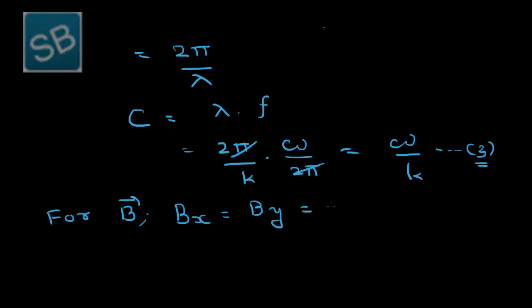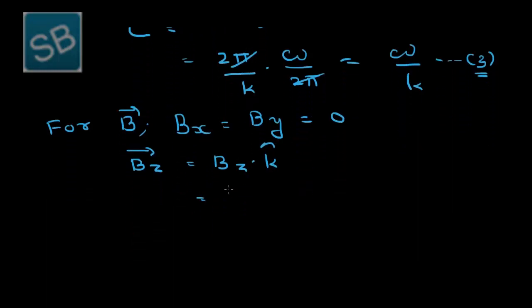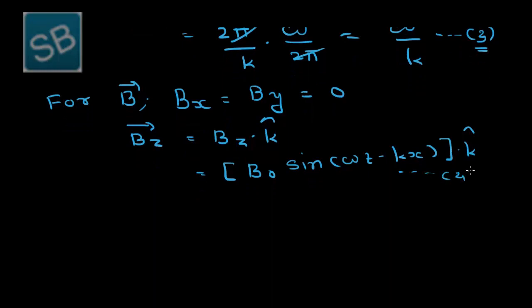So Bx and By both will be 0, and for Bz I am directly writing the vector notation, Bz into k cap, that is equal to B0 sine of omega t minus kx into k cap, and that is your equation number 4.